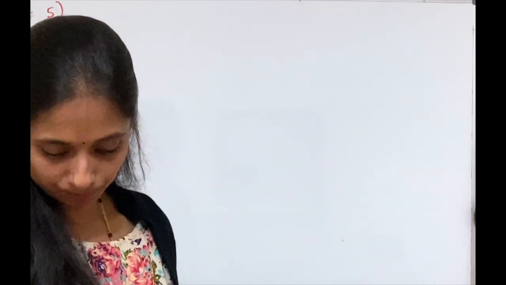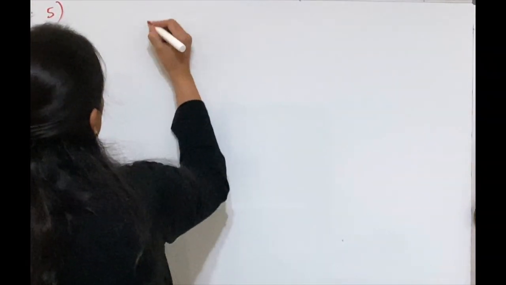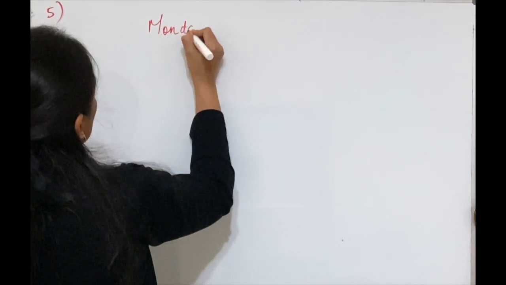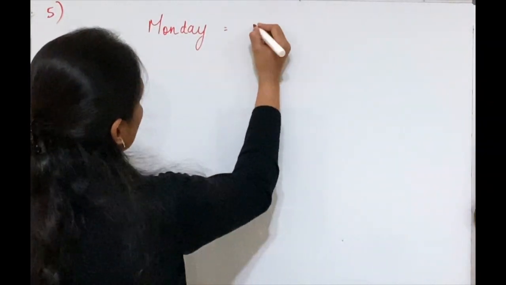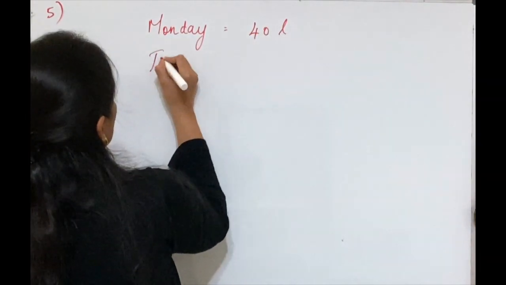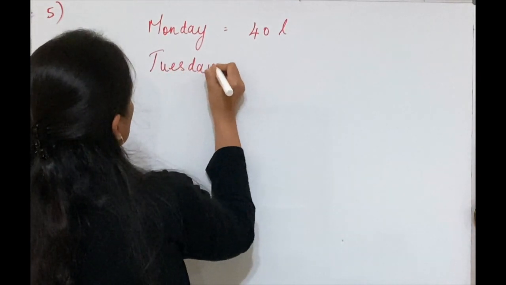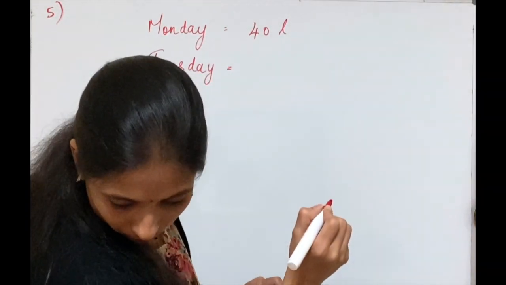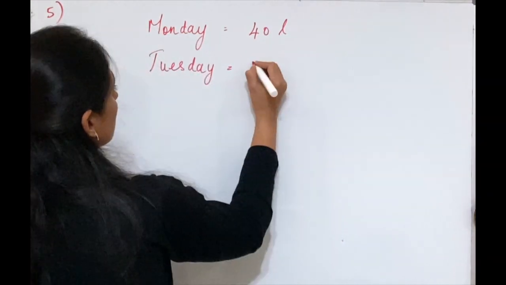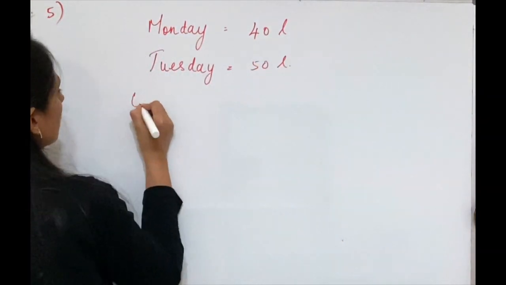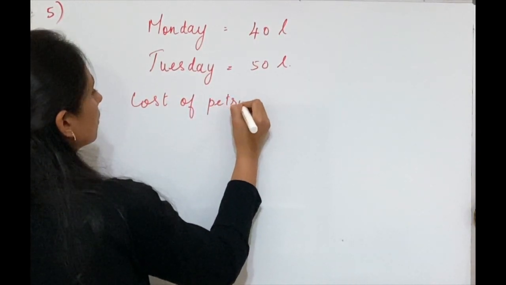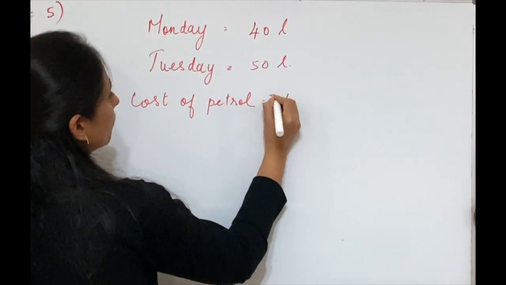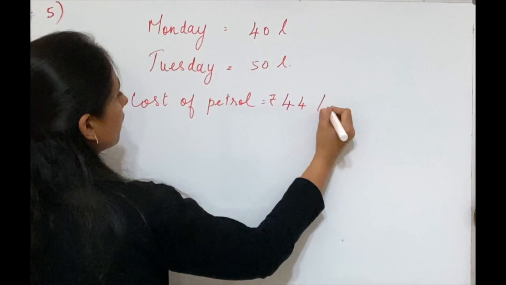Okay, so Monday and Tuesday, he filled petrol. Monday 40 liters, Tuesday 50 liters. Cost of petrol is equal to rupees 44 per liter.